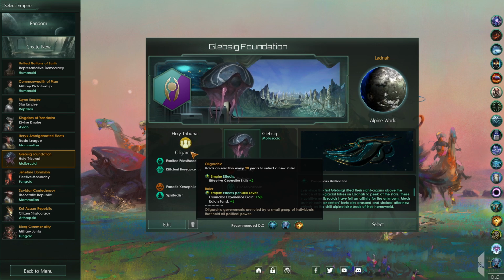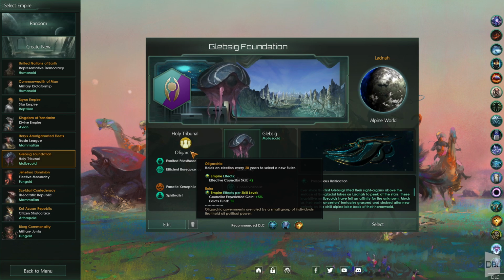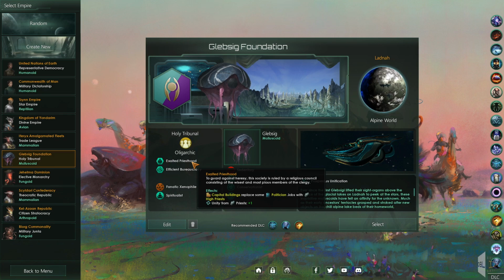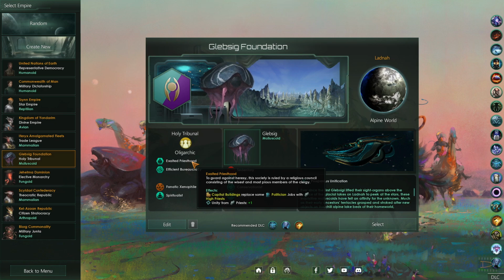Empire effects. Effective counselor skill +2. Let's see. Skill level. Oligarchic governments, we already read about that. Exalted priesthood. To guard against heresy, this society is ruled by a religious council consisting of the wisest and most pious members of the clergy. Okay. Enjoy your reboot. Capitol buildings replace some politician jobs with high priests.